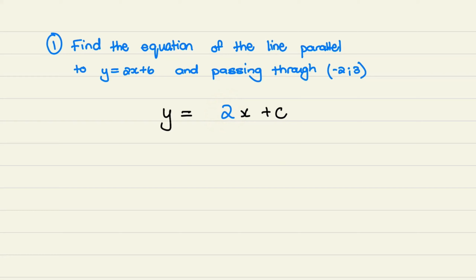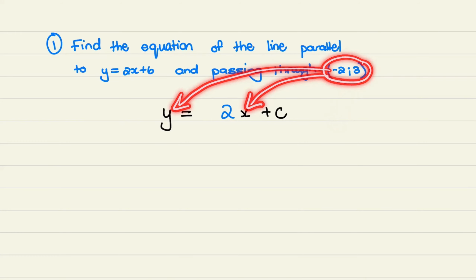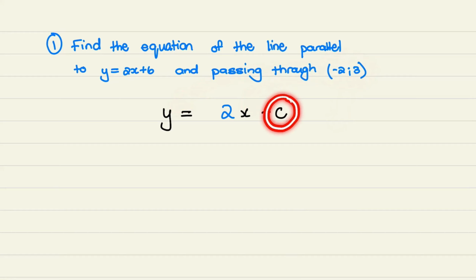Now all that is left for us to do is find the value of the y-intercept. Now we have already used this equation, but we still have a point. And the coordinate that was given to us is (-2, 3). So -2 represents an x value and 3 represents a y value. So if I substitute these two values in the place of x and y, I can find the value of c.